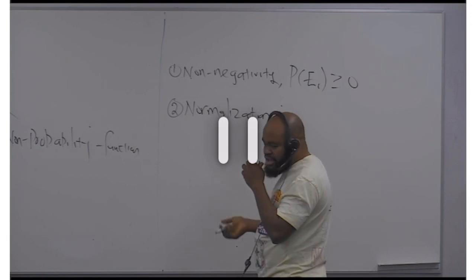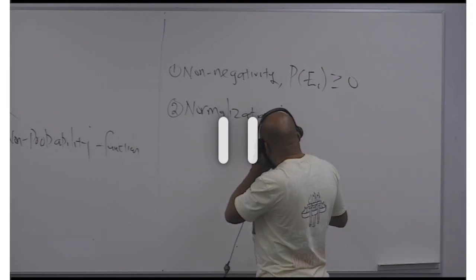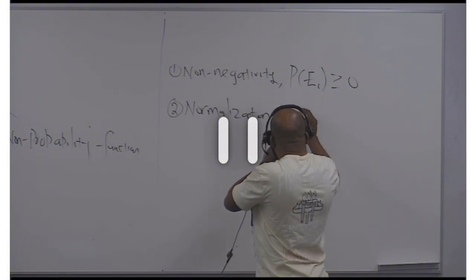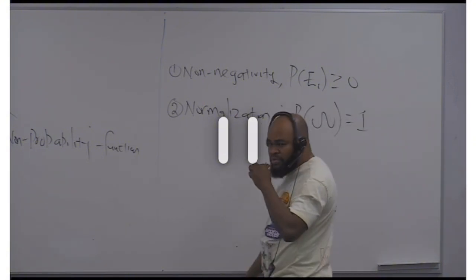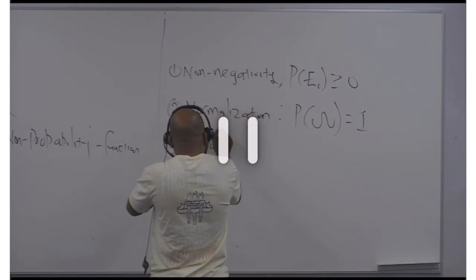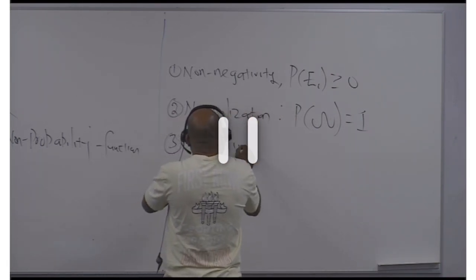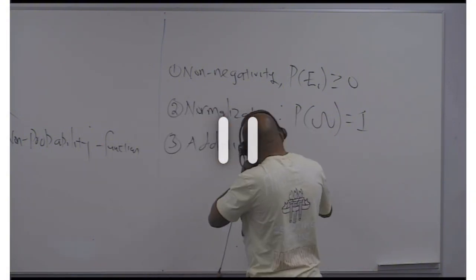Number three is additivity. Additivity says that if A intersection B is empty, the probability associated with the union has to be equal to the addition of the respective probabilities.